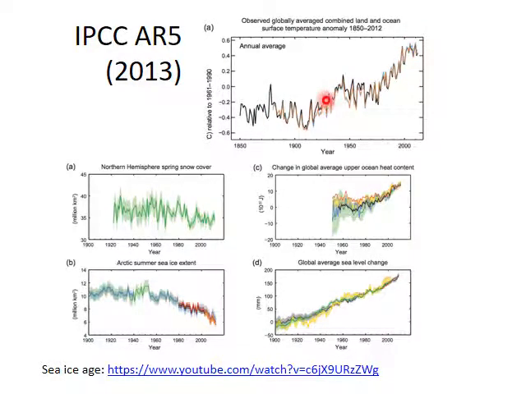Interesting, there are various curves plotted on top of each other. These are from different groups who collect those data and put together a global record of temperatures, and they mostly agree with each other.